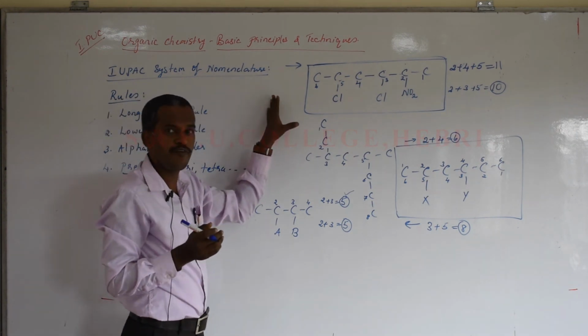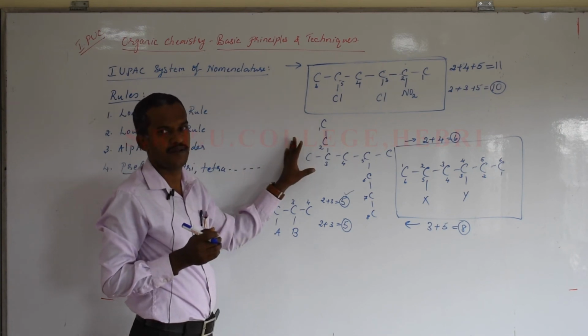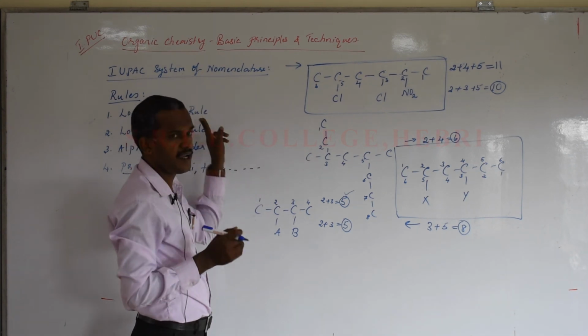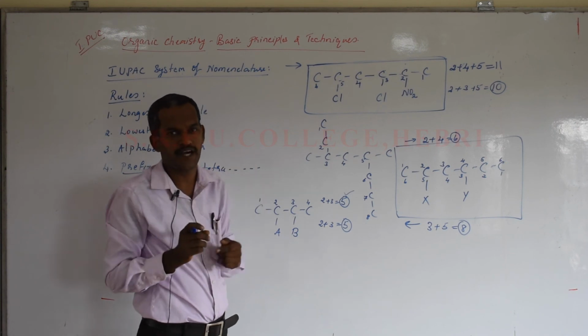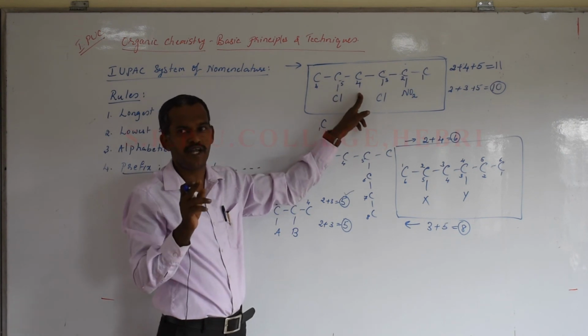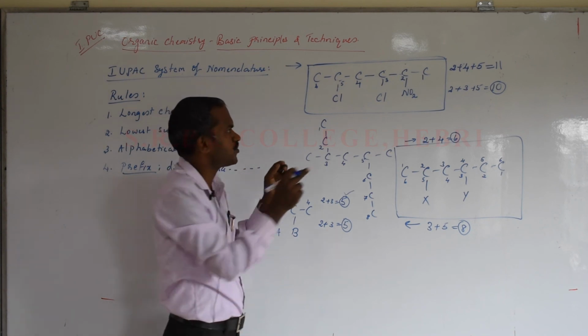But before we go to that, you have to understand these 4 rules exactly. Are you clear? So rule number 1, longest chain rule. We have to number the carbon atoms in the parent chain in such a way that we get the maximum number of carbon atoms. Second one, lowest sum rule. You number in the direction such that when you add the positions, the sum should be lowest.